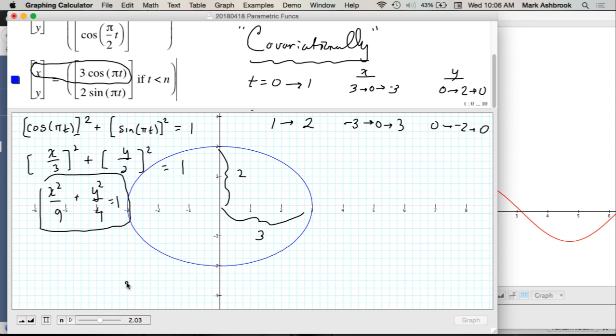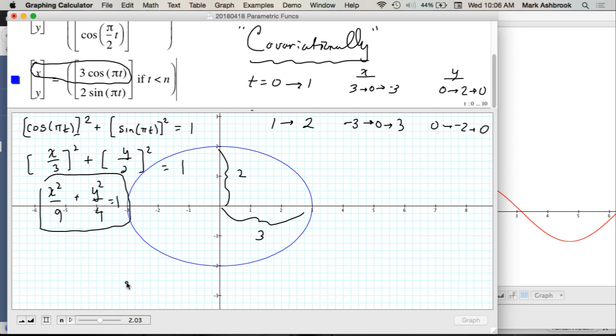Okay, what's the same? Let's see. Okay, Kylan, what's the same about those two? Both functions give you the same coordinates, so they'll give you the same graph.